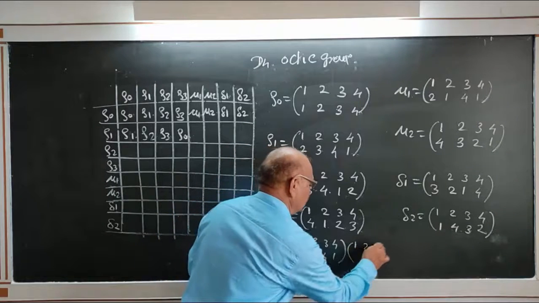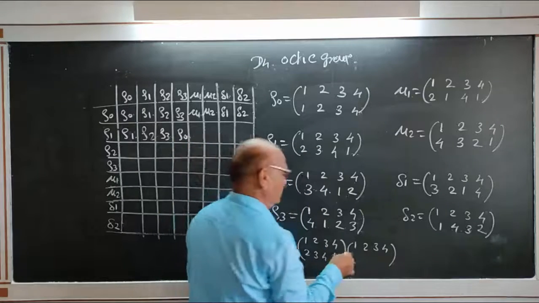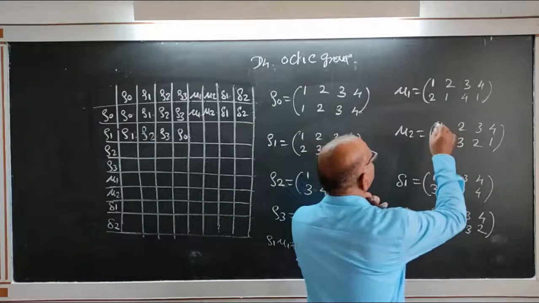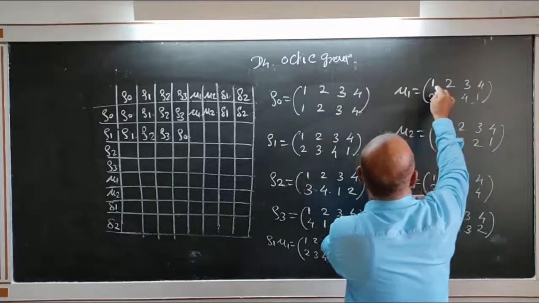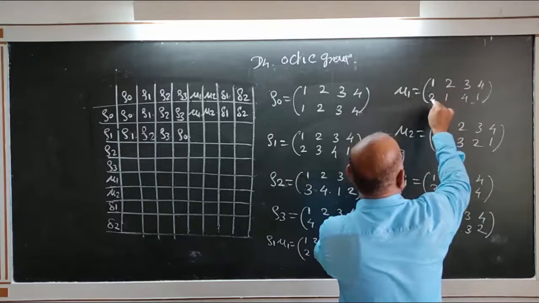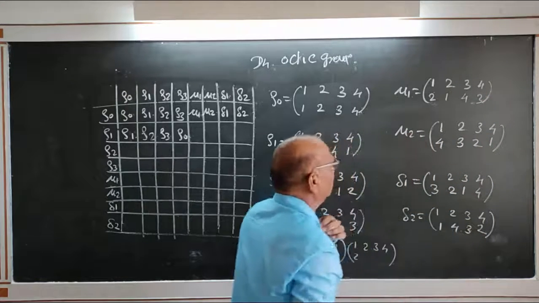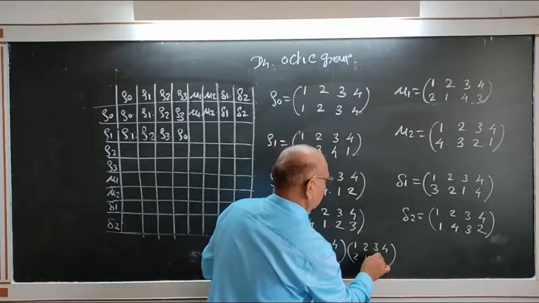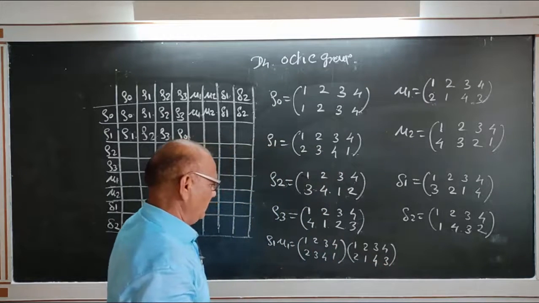Mu 1 is the mirror, that means 2, 1, 4, 3.